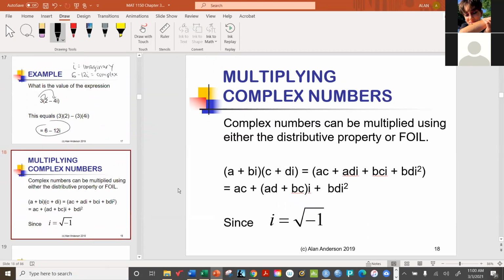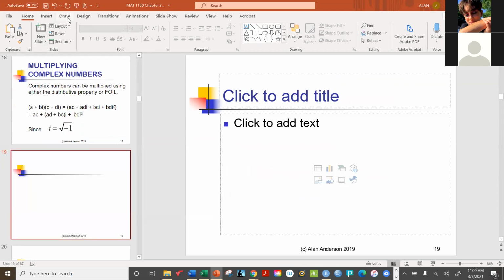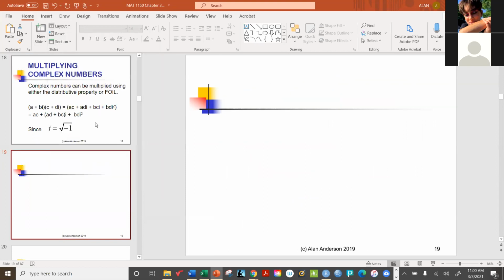Now, let's multiply complex numbers. Oh, okay, look, we have our old friend FOIL. Let's just make up an example right now. 3 plus 4i will be multiplied by 2 plus, let's say, 6i.